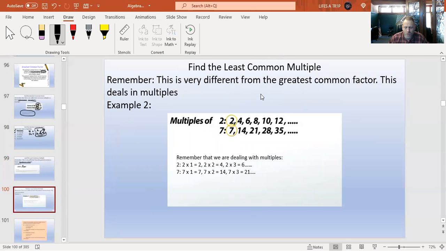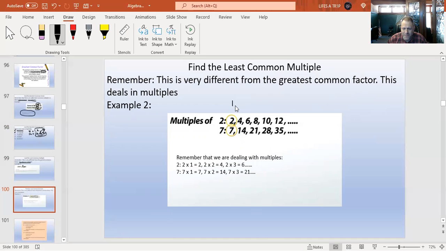We're dealing with 2 and 7. So let's deal with multiples. 2, 4, 6, 8, 10, and 12.